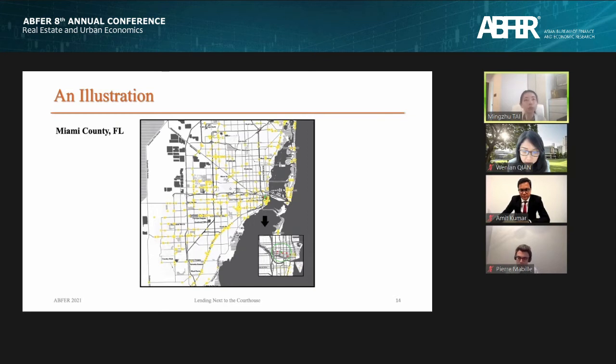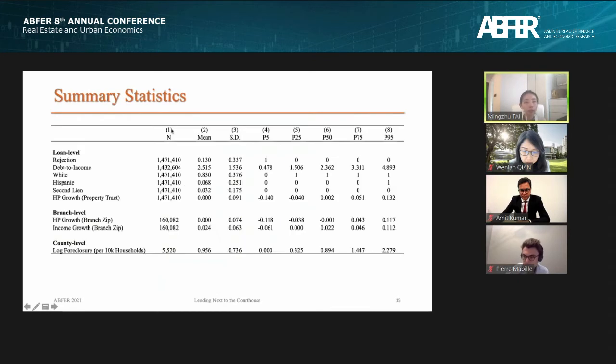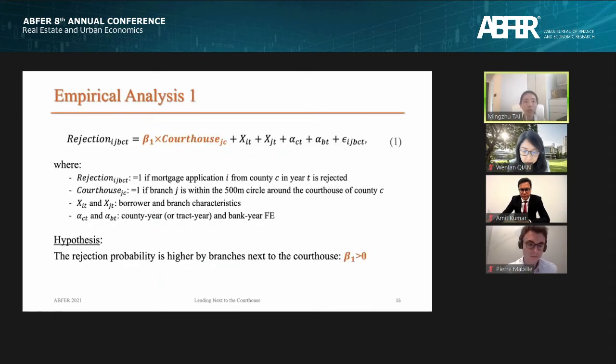So our first empirical analysis is basically to ask whether the probability of rejecting a mortgage loan application is higher when the decision is made in a branch that is close enough to the courthouse, that is, within the 500-meter circle around the courthouse.